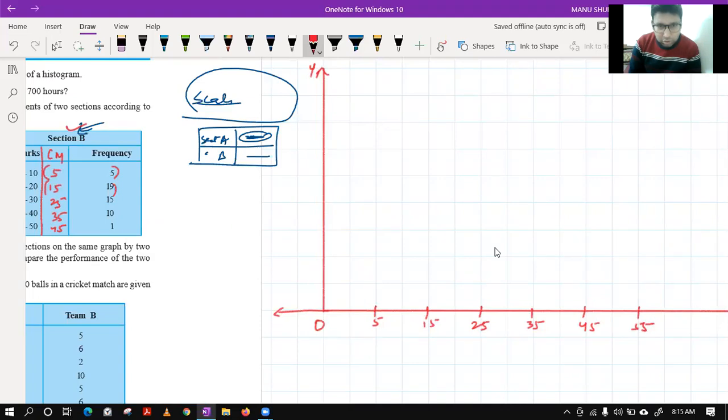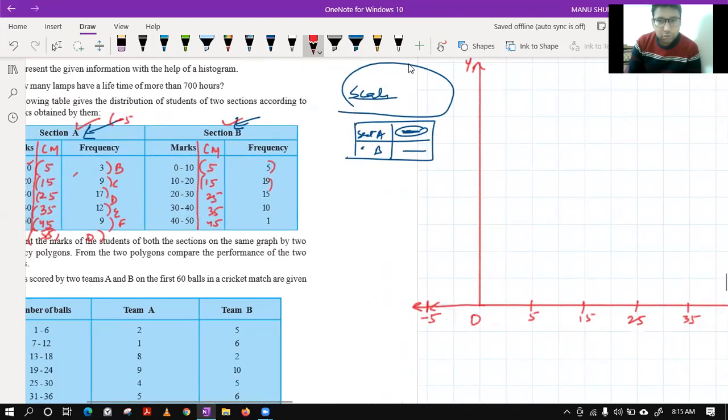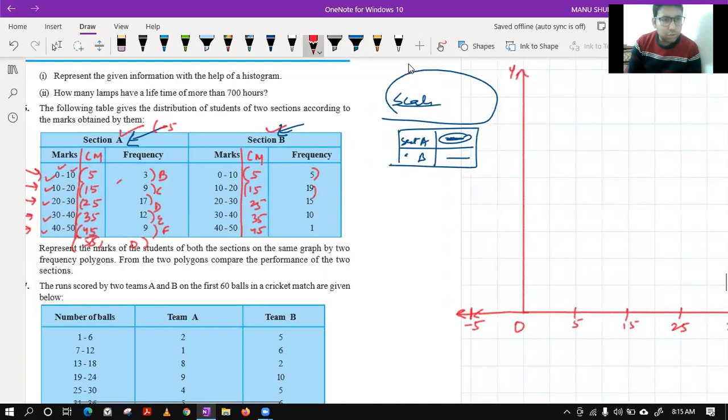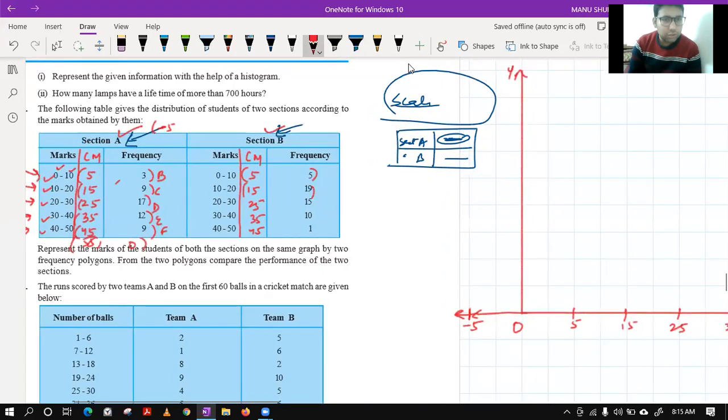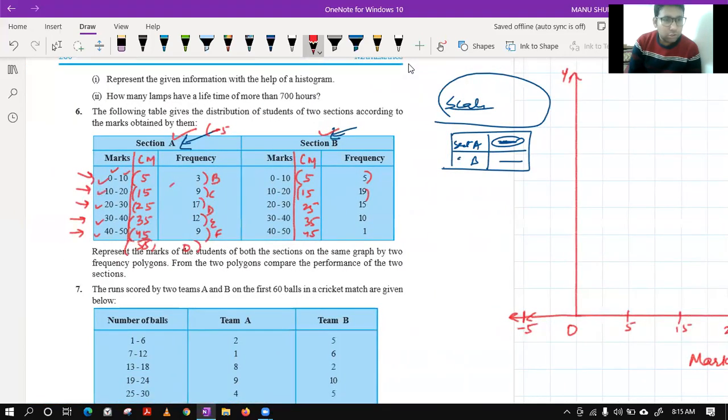So what will we call this point then? This will be your minus 5. Now, okay, and then we are having this thing as the frequency should be, let me call it marks. This will be your frequency.